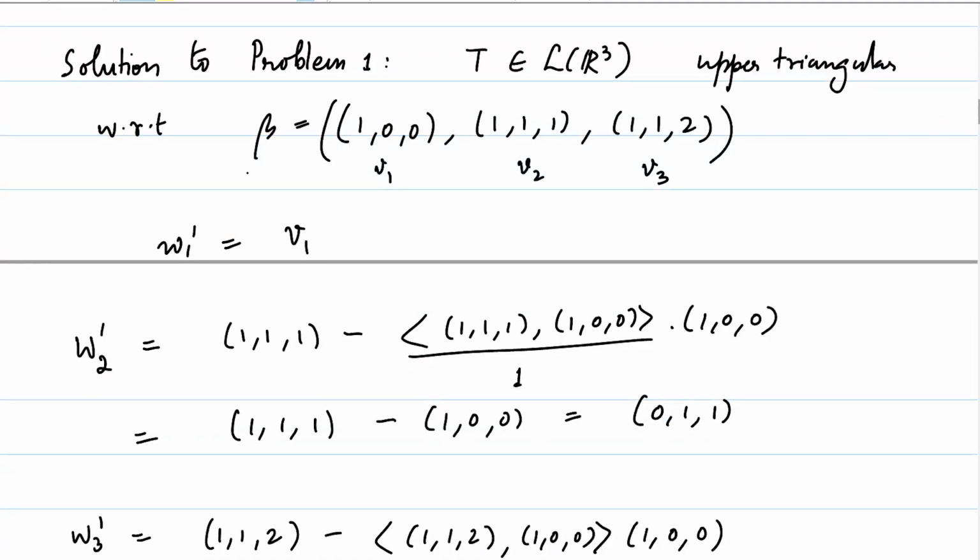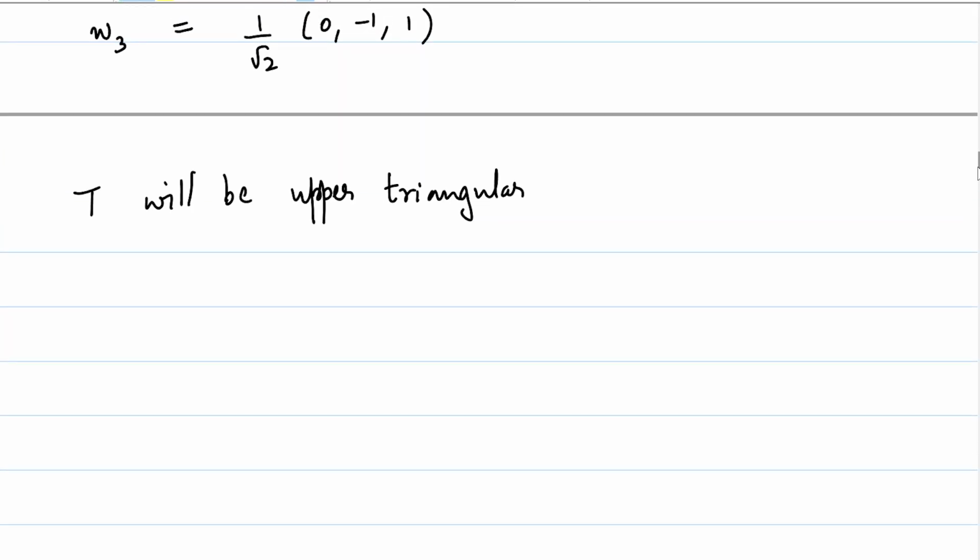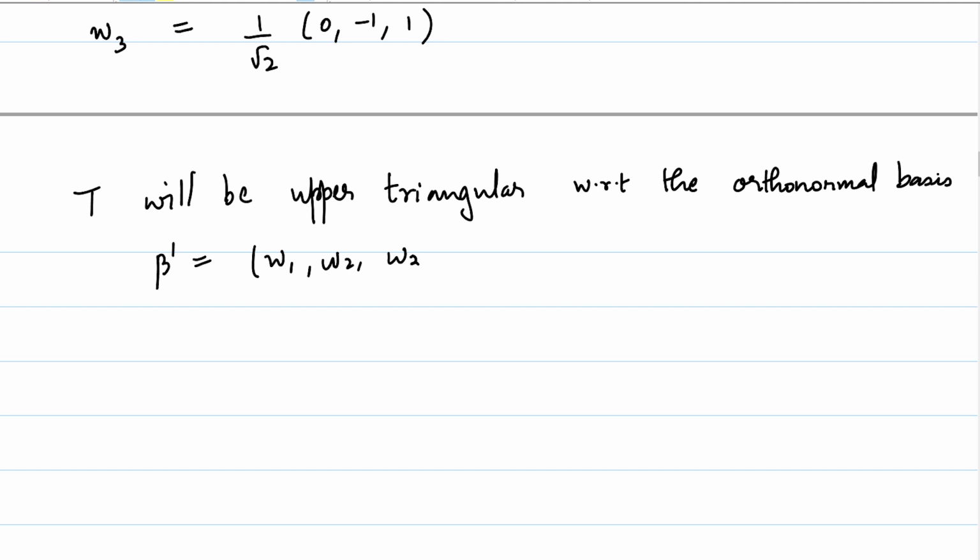And because T was upper triangular with respect to beta, T will be upper triangular with respect to beta prime, the orthonormal basis given by W1, W2 and W3.